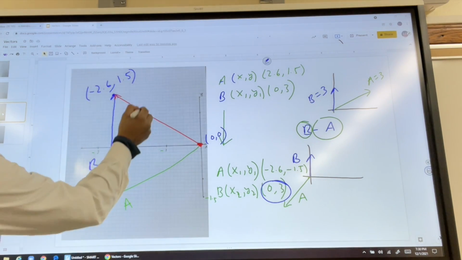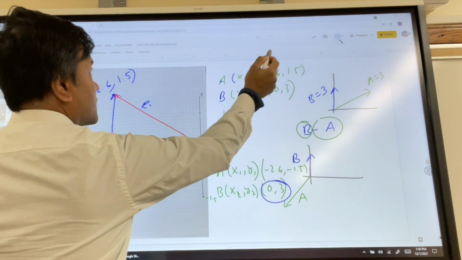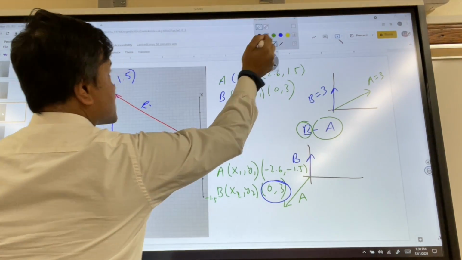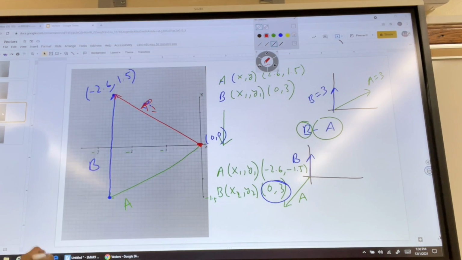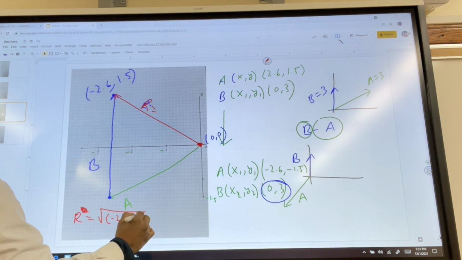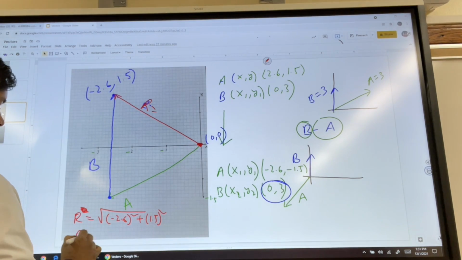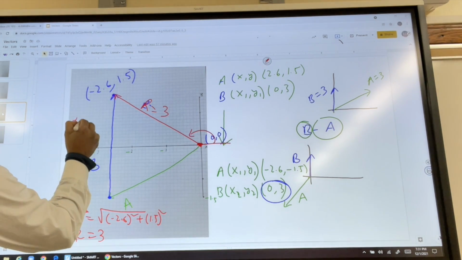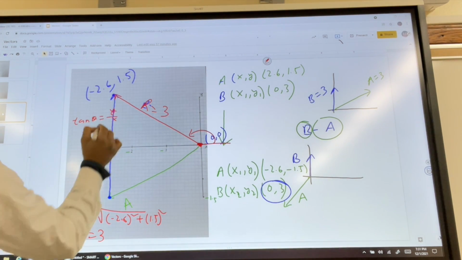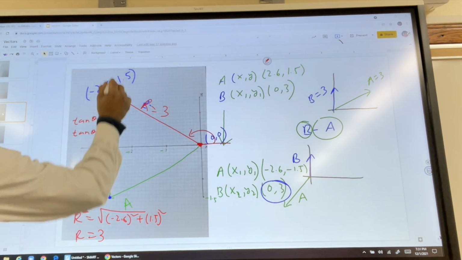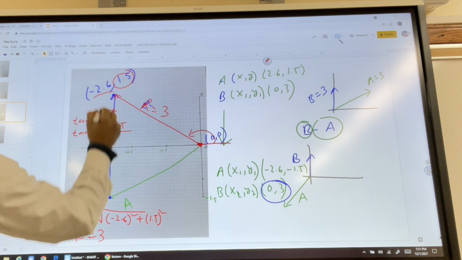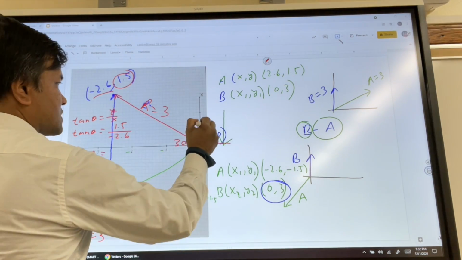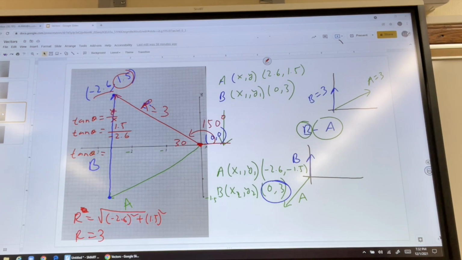So c squared, the resultant, is -2.6 squared plus 1.5 squared, and that resultant would be 3. To find this angle is easy. Tangent theta is y over x, so y is 1.5, x is -2.6. So this angle is 150 degrees.